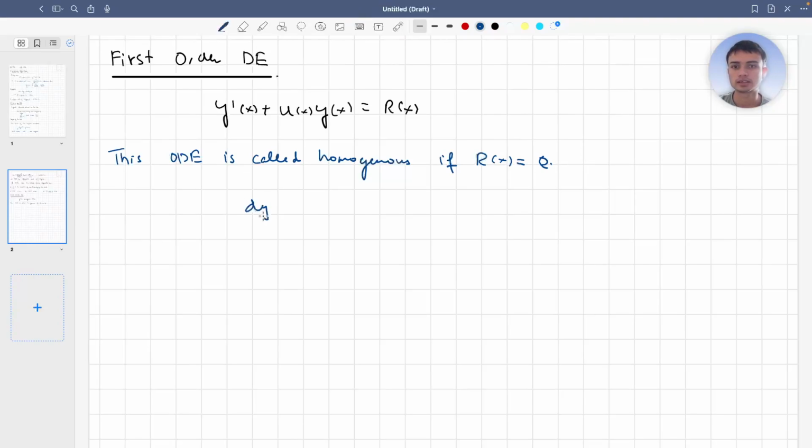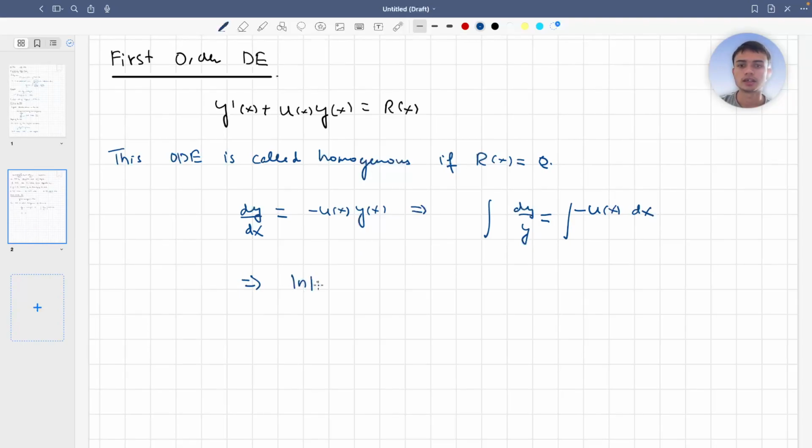Then dy/dx is equal to minus u(x) y(x), so dy/y equals minus u(x) dx. Taking the integral, I will do an indefinite integral here, so that gives me ln y.